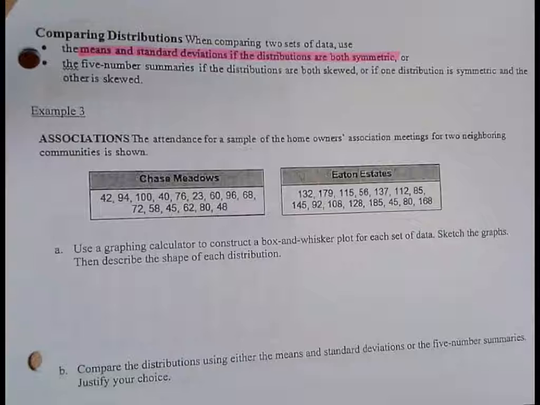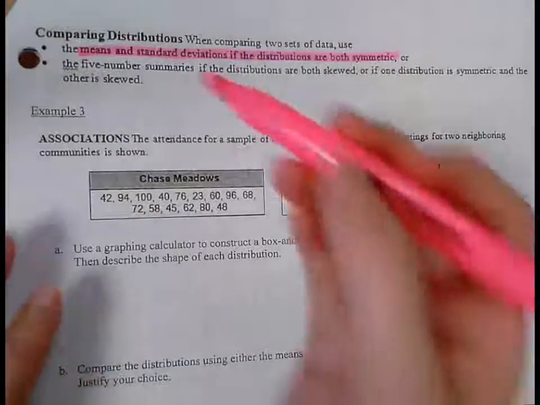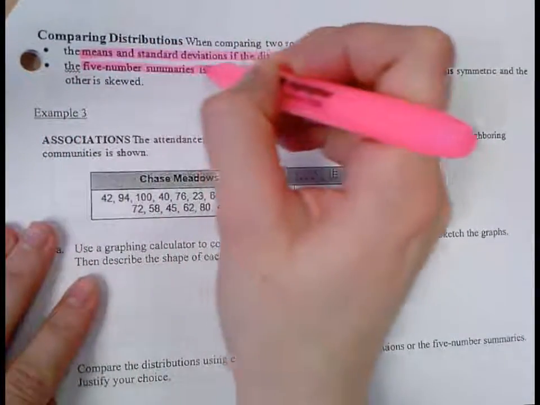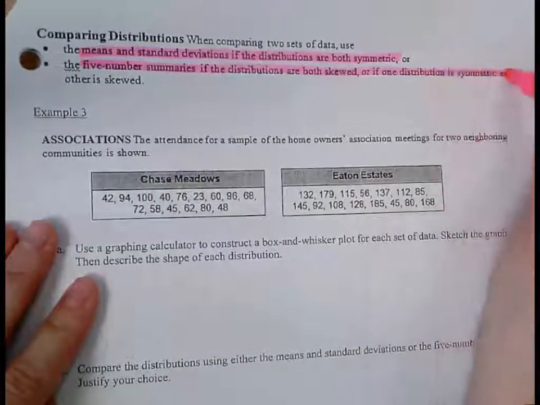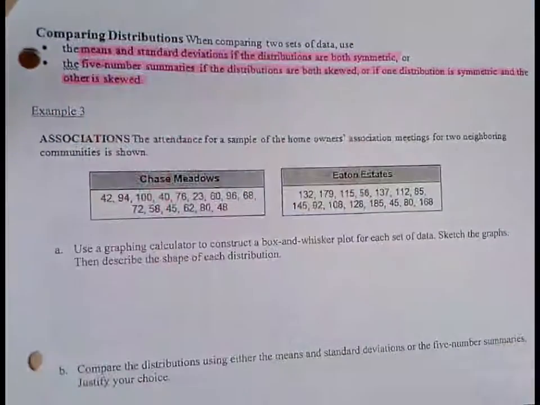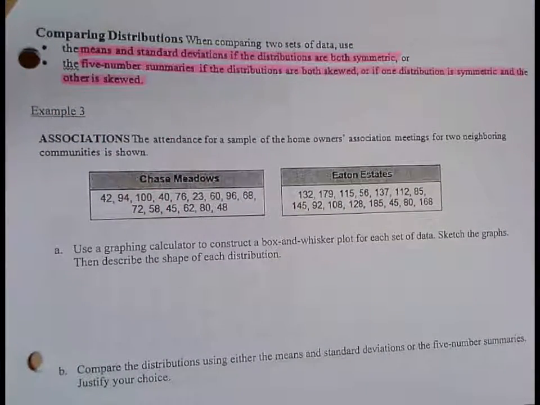However, if both distributions are skewed, or if one of them is symmetric but the other one is skewed, then you should be using the 5-number summaries. So you need to compare data using the same measures. You only use the means and the standard deviations if both are symmetric. If one or both are not symmetric, you would use the 5-number summaries.